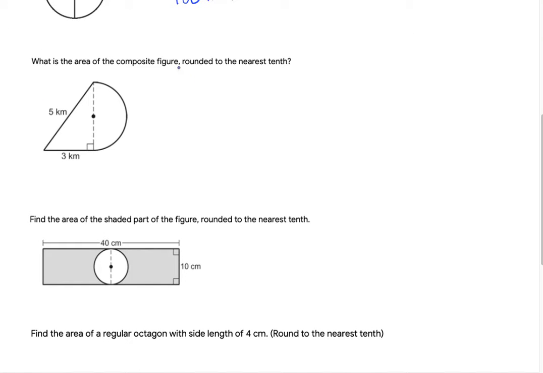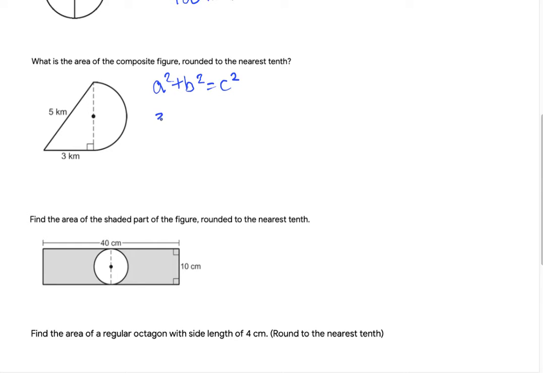This is what's the area of the composite figure rounded to the nearest tenth. Okay, so I have a semicircle or a half circle right here, and I have a right triangle. For the right triangle, and for the circle, you do need to find this length right here. So I'm going to use the Pythagorean theorem. a squared plus b squared equals c squared.